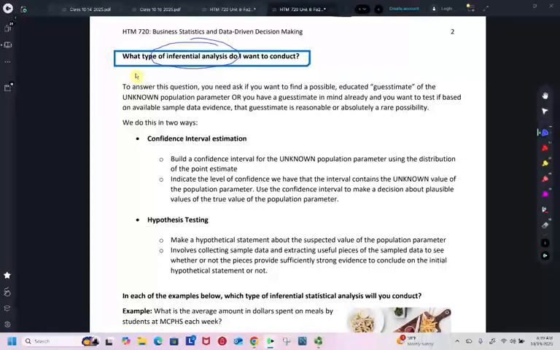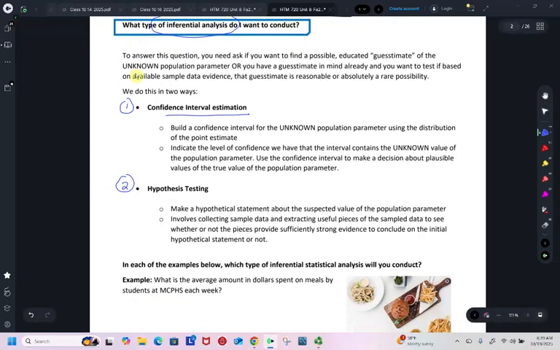To begin, I would like to give a quick reminder of what the two areas of inferential statistics involve. One is confidence interval estimation, and two is hypothesis testing. Our interest is to look at an unknown population characteristic and to find the best estimate of that population parameter based on sample data that we have, and that starts us up with getting a point estimate.